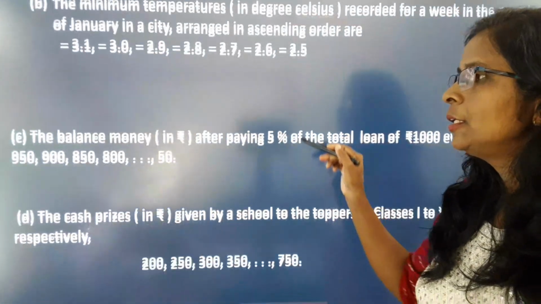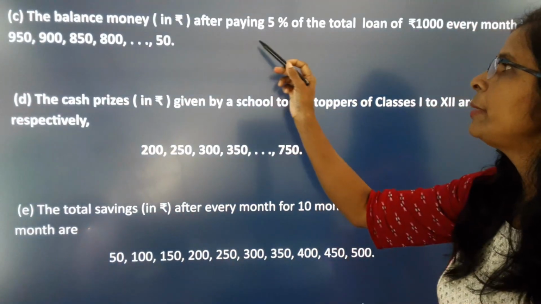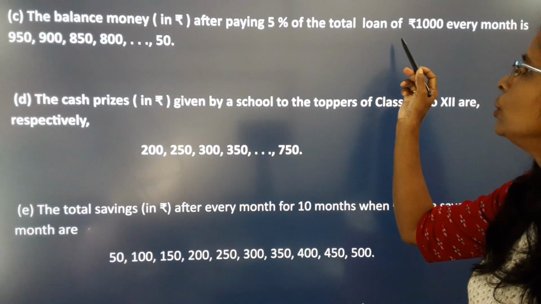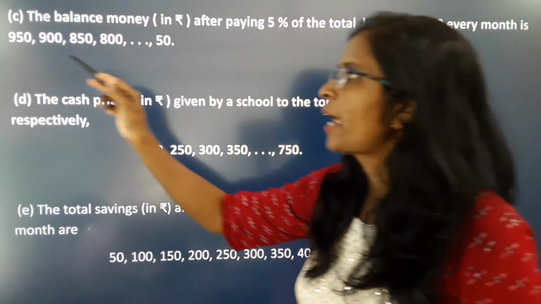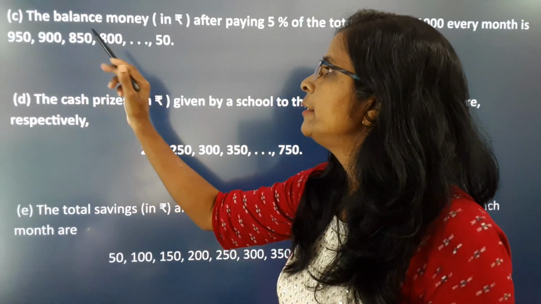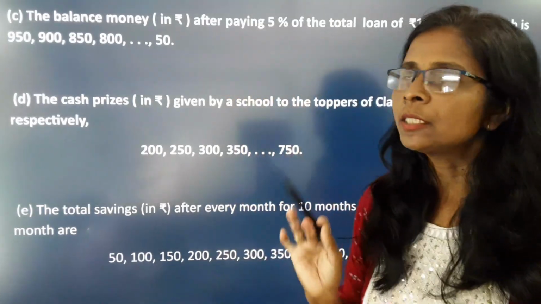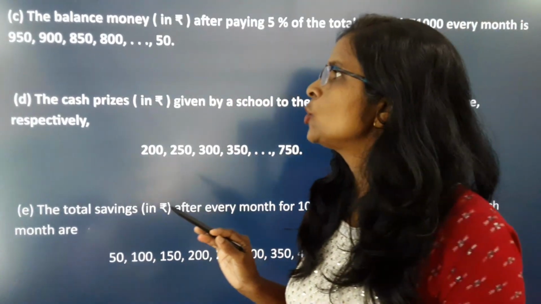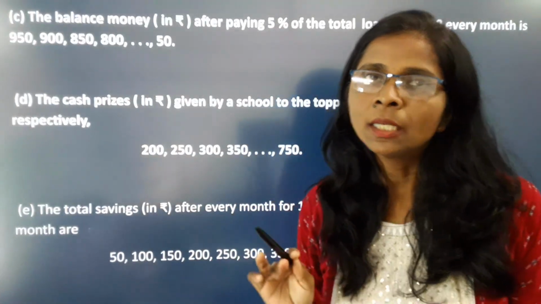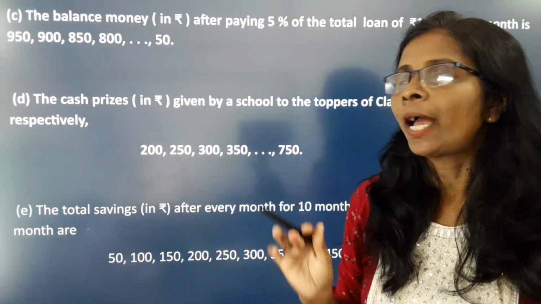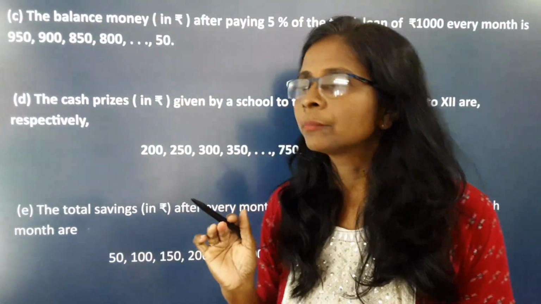Then the third example, the balance money in rupees after paying 5% of the total loan of rupees 1000 every month is 950, 900, 850, 800, dot dot dot. The last term is 50. So here also the common difference between two consecutive terms is constant. It's the same, and that's why this example is an AP.